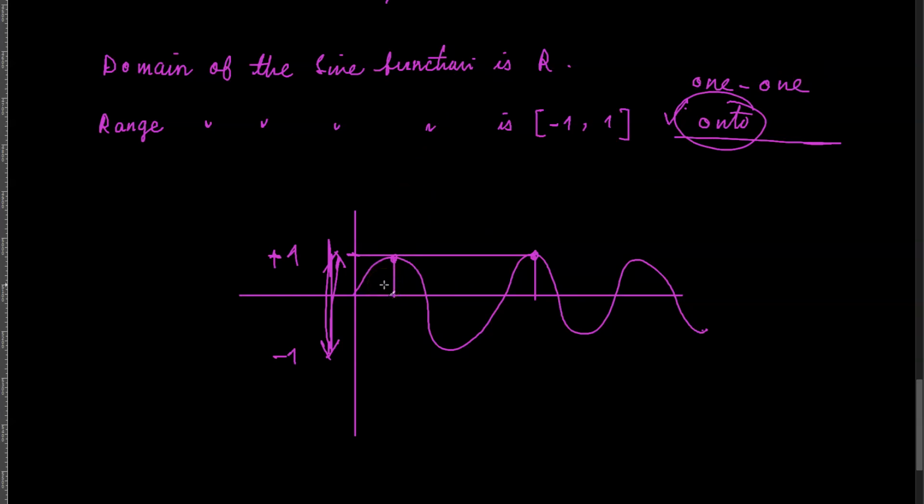And basically what you can do so that the function becomes 1-1 is that you have to restrict the domain of the function to some interval. Let me draw the graph of this function properly.